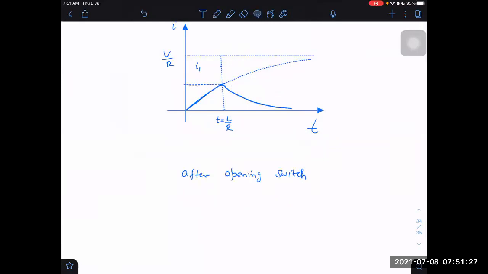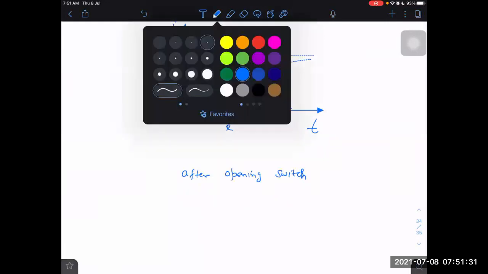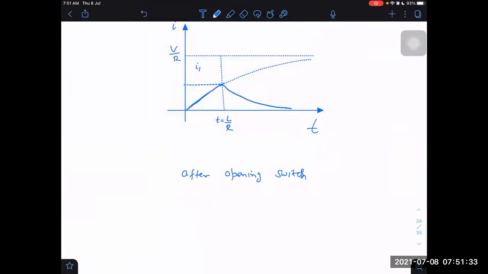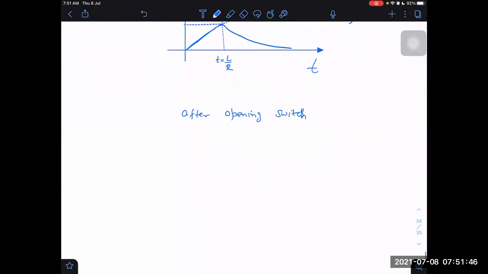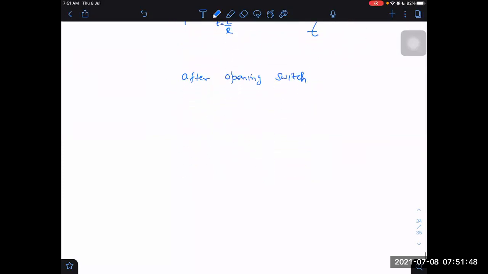At that time, we know this I could write as v by r into 1 minus e raised to power minus t by tau 1. Why am I saying tau 1? Tau 1 is different from tau 2. Remember, this time constant will not be the same for the second part.